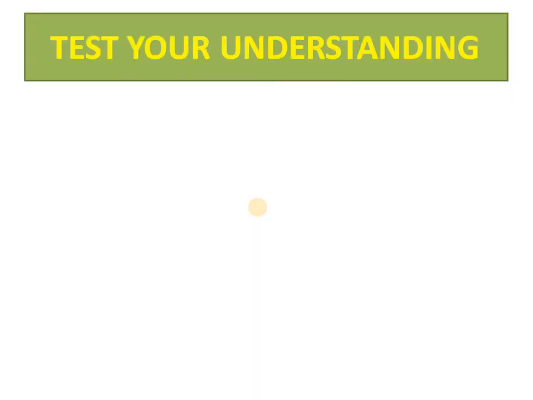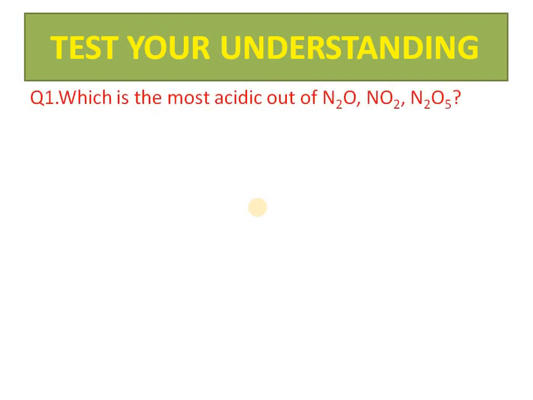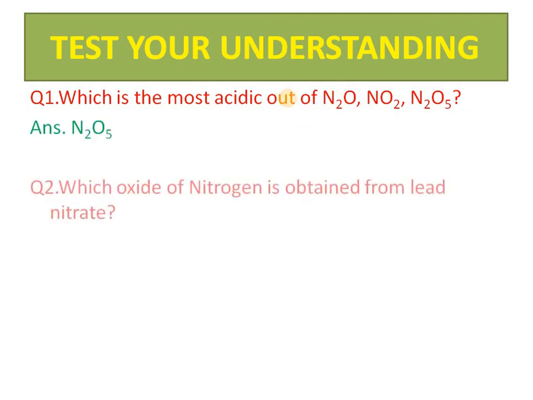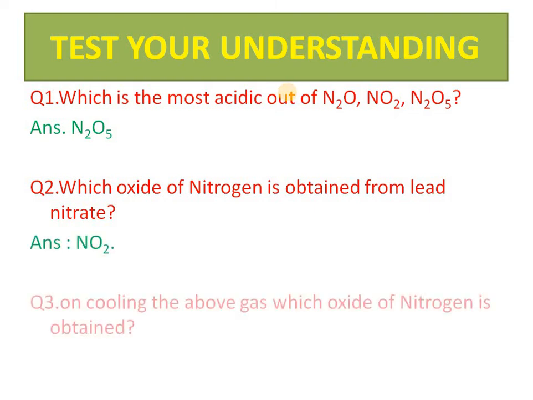Further, let us check our understanding. Which is most acidic? We have to calculate the oxidation number, and the oxidation number is maximum in N2O5, that is +5. Similarly, which oxide is obtained from lead nitrate? You know that the gas obtained is a dark reddish brown gas, that is NO2. On cooling the above gas, which oxide is formed? You know that a dimer is formed. What is the dimer named?